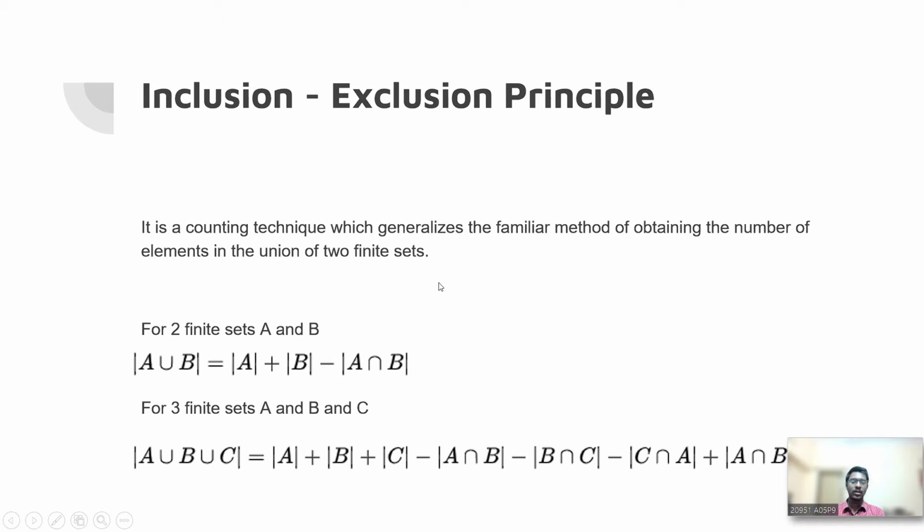Before moving to the thing, let's understand what the inclusion and exclusion principle is. It is a counting technique which generalizes the familiar methods of obtaining the number of elements in the union of two finite sets. So A is a finite set and B is a finite set.